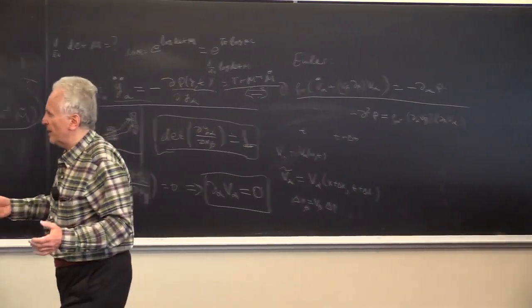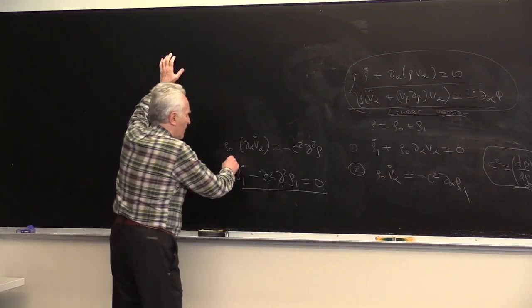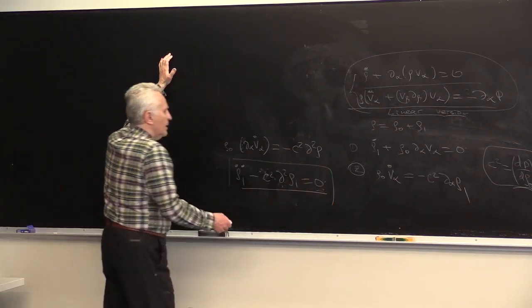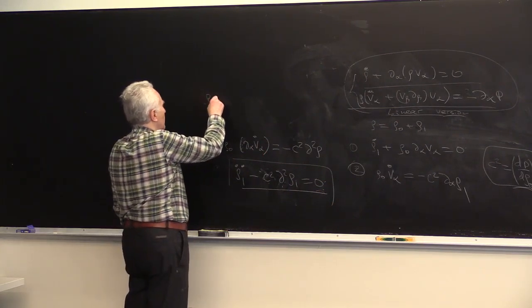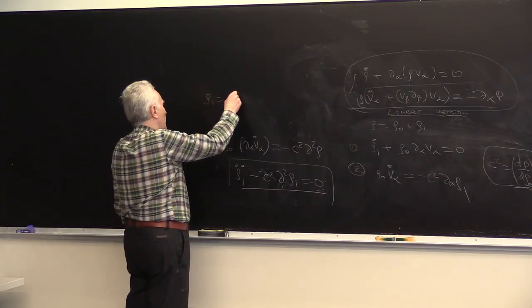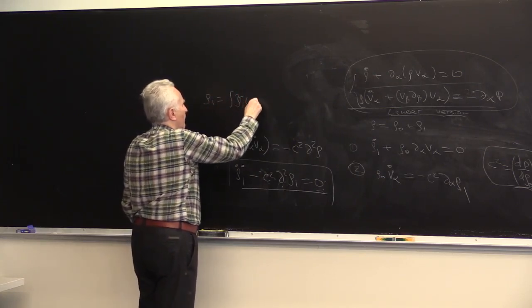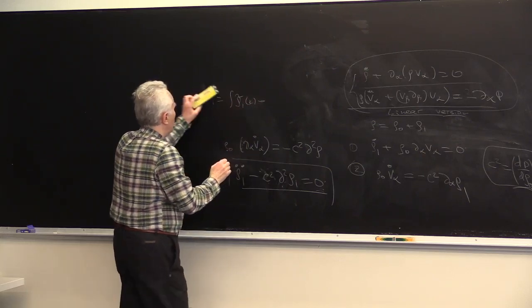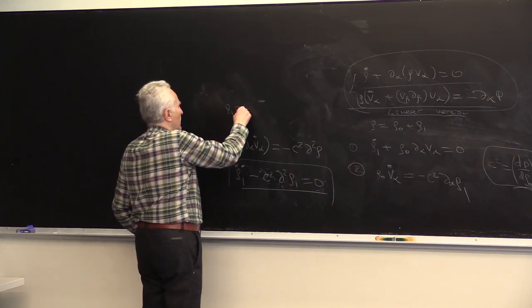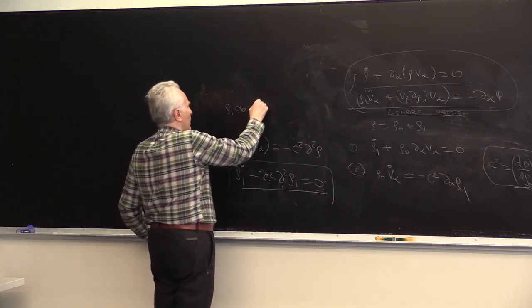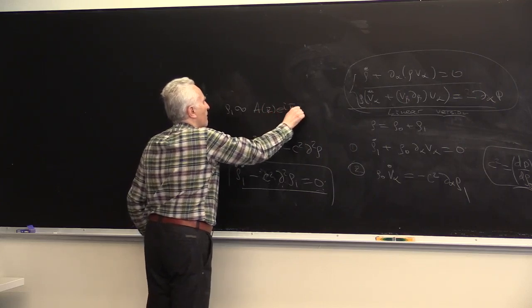It describes what? We now can solve this equation very easily because it's linear. We can simply look for the solution in the form A of k e to the i k x.